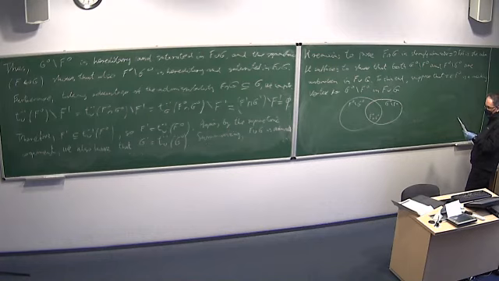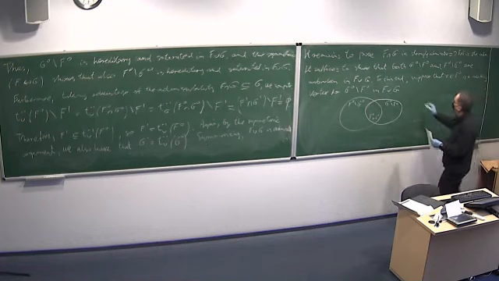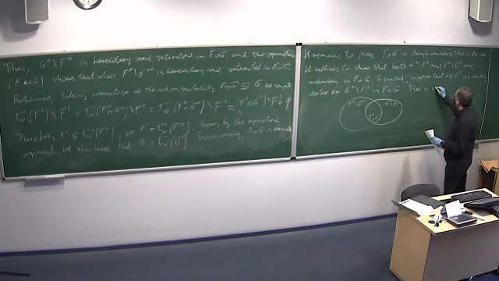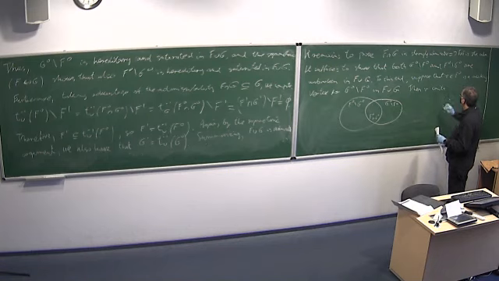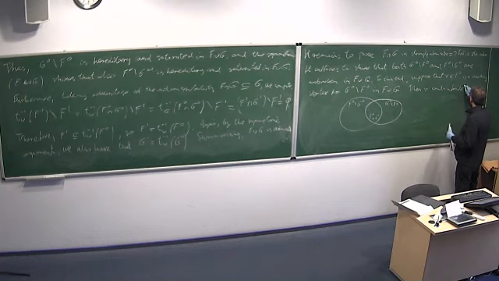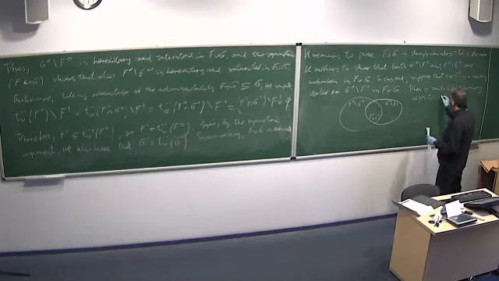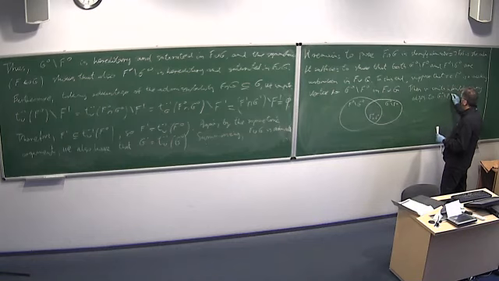But because it's a breaking vertex, V emits infinitely many edges to G naught less F naught.